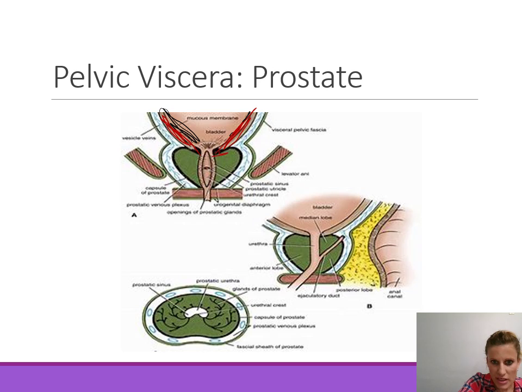So the base of the prostate is the superior surface that's related to the urinary bladder, and the apex is the inferior, somewhat pointed surface, which is related to the external urethral sphincter, which you see here. The lateral surfaces you can see related to the levator ani, the muscles that form the majority of the pelvic floor, which we covered in the last lecture.